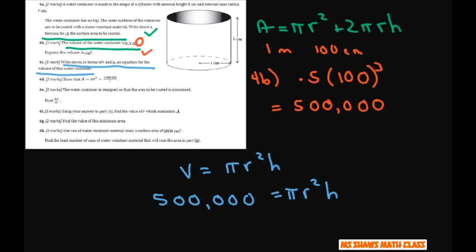All right. Now for 4D, it says show that area equals pi r squared plus 1 million divided by r. So again, we already know that 500,000 equals pi r squared h.